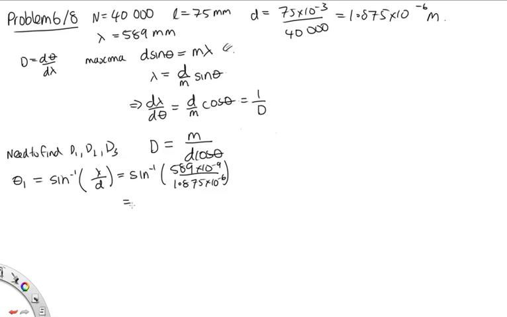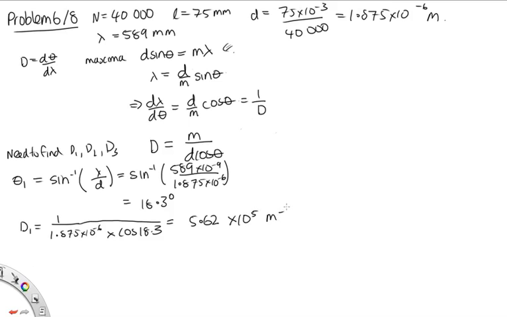Solving this on the calculator, we get 18.3 degrees, and then substituting this in, we've got D1 is equal to 1 over d, which is 1.875 times 10 to the minus 6, times cos of 18.3. So solving that on the calculator, we get 5.62 times 10 to the 5 inverse meters.